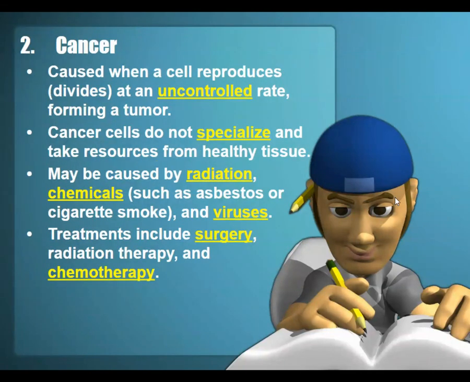This is caused when cells reproduce or divide at an uncontrolled rate, forming a tumor. Cancer cells do not specialize, and they take resources away from healthy tissue. It may be caused by radiation, chemicals like asbestos or cigarette smoke, and viruses, such as the human papillomavirus. Treatments can include surgery, radiation therapy, and chemotherapy.